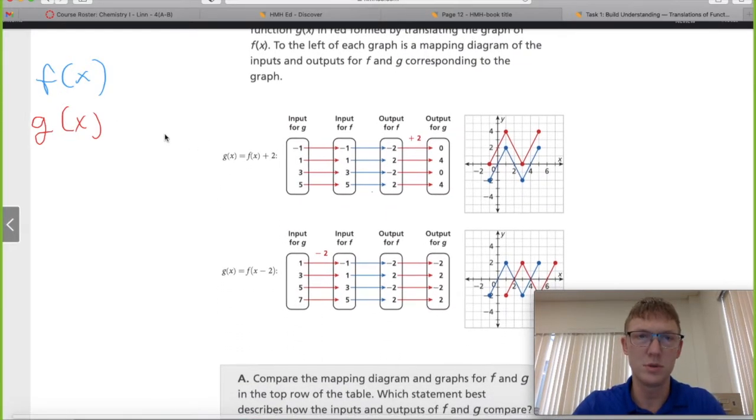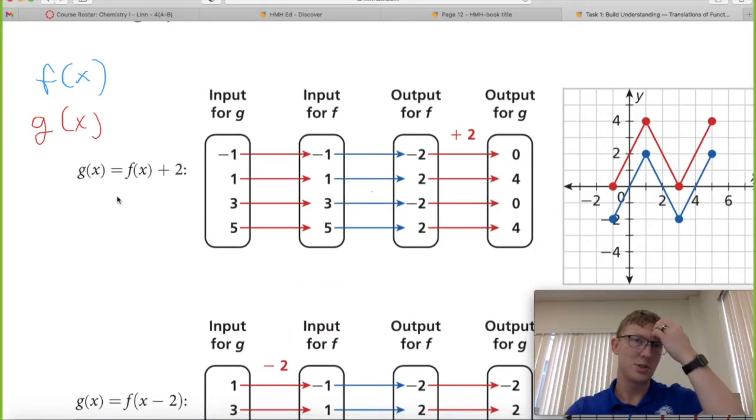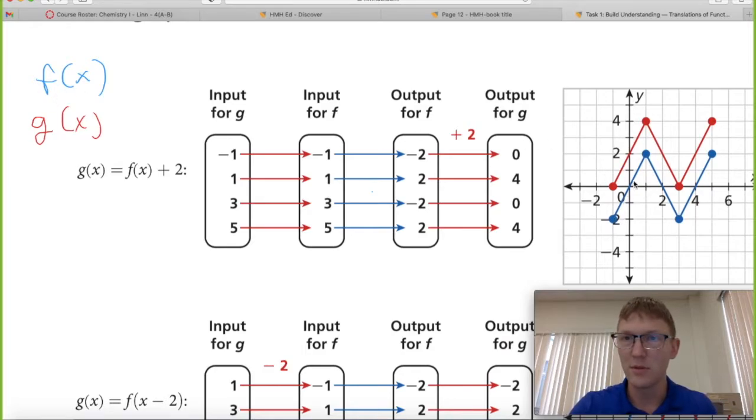So just to get us started here, we've got our f of x in blue, we've got our g of x in red. So notice how we have our original f of x in blue. And these transformations work on almost any function. So it doesn't matter what the actual equation of f of x is.